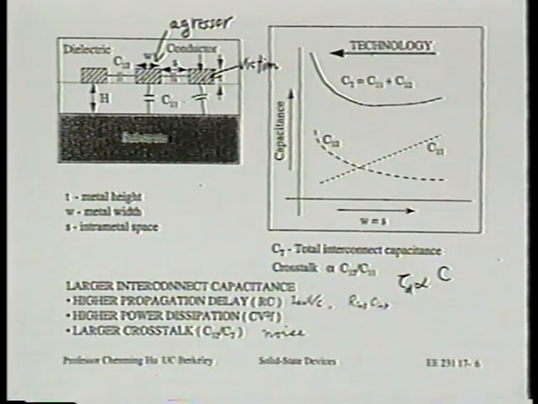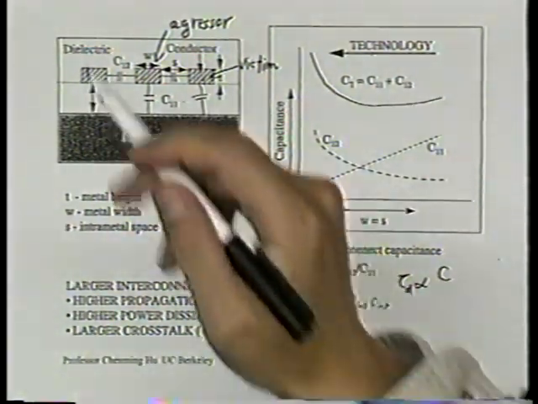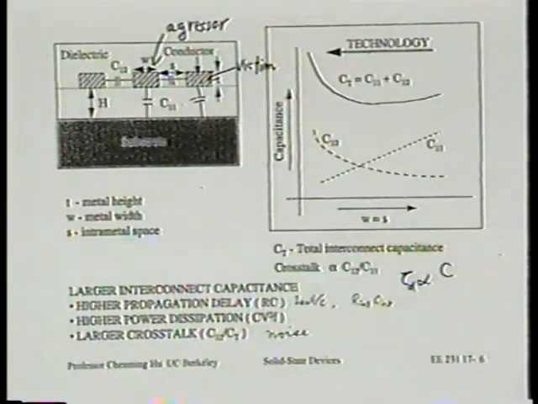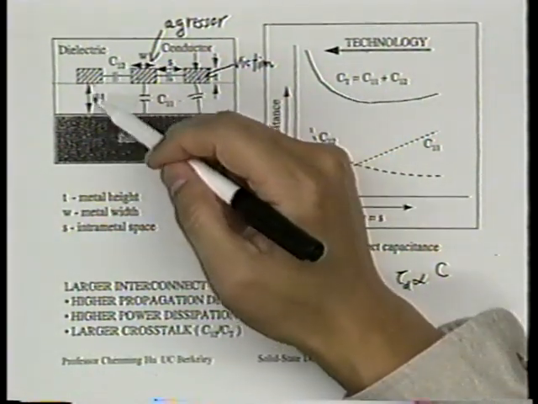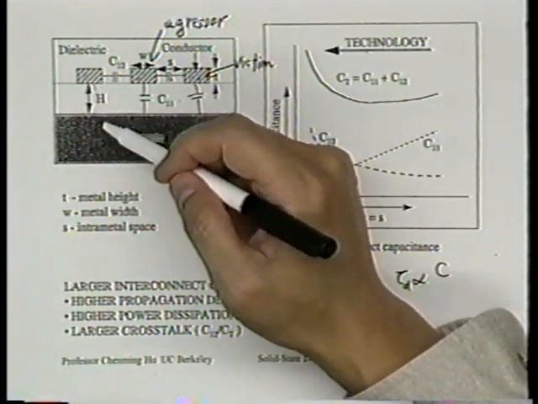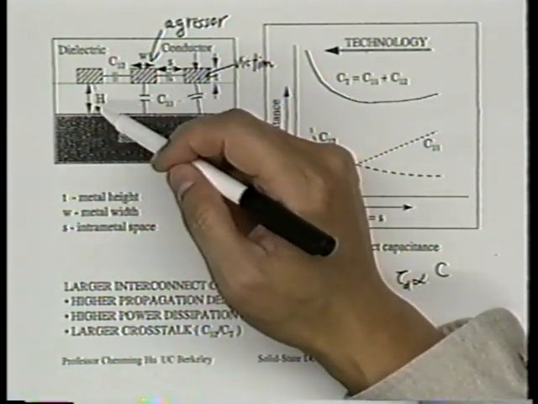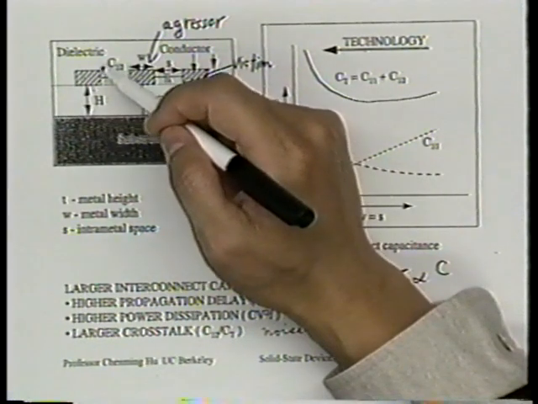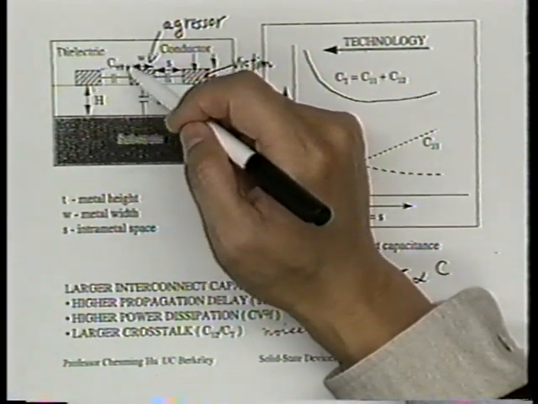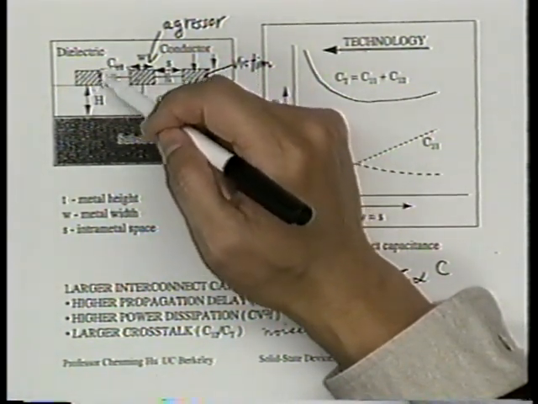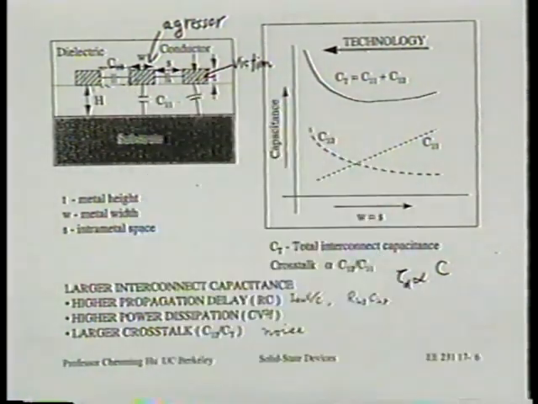For example, one thing that is being considered is to do this. We're going to use different kinds of dielectrics. This dielectric continues to be SiO2, which has a dielectric constant of about 4, all right? And then we're going to use a different dielectric between the lines, a low K dielectric, with a dielectric constant of only 2.